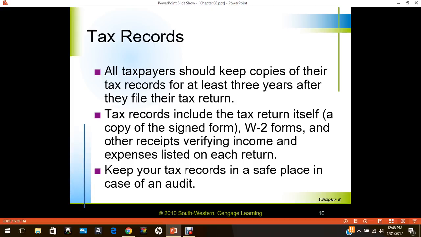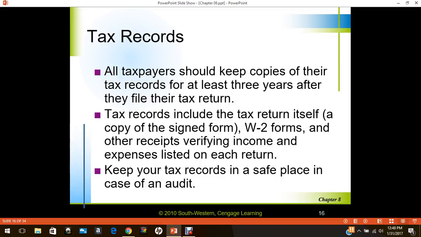Now, what we're going to do at this time is, on a sheet of paper, I want you to write, check your understanding, and I'm going to give you 3 questions that you're going to answer and turn in. The first question is, what is the first step in budgeting?